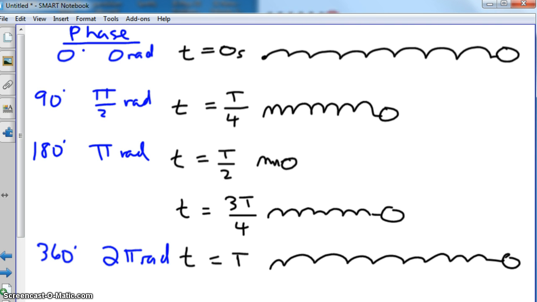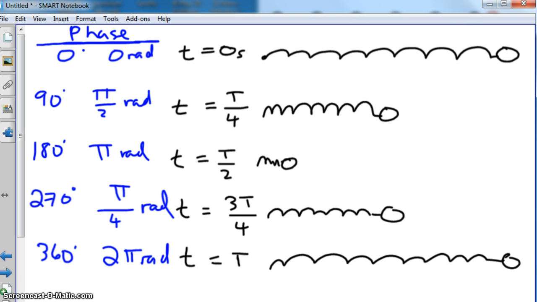And 3/4 of the way through a cycle, when 3/4 of a period has passed, what stage of the cycle are we at? The stage, or the phase, is 270 degrees, or 3 pi over 4 radian. Nope, hang on, that's not right. Not 3 pi over 4.